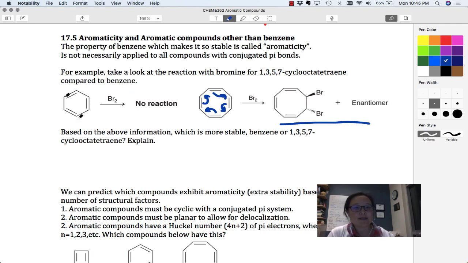This compound here, benzene, is aromatic. We don't see a reaction very easily here because of the stability, but here we see a reaction, so this tells me this is not as stable as benzene, and it's what we call non-aromatic. You can tell that benzene is more stable because of its reluctance to react.